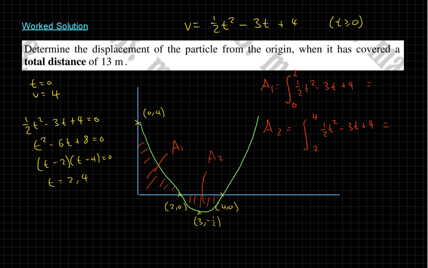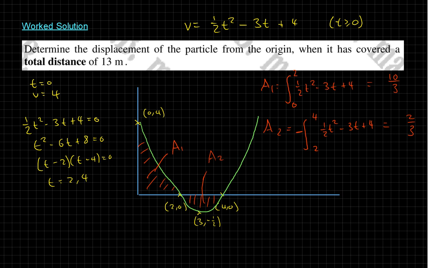So in the case of A1, you get 10/3. And this integral here is going to give me minus 2/3. Okay, so really when I say A2 I want this area, I should have said A2 is the negative of that integral, which then gives me an area of 2/3.